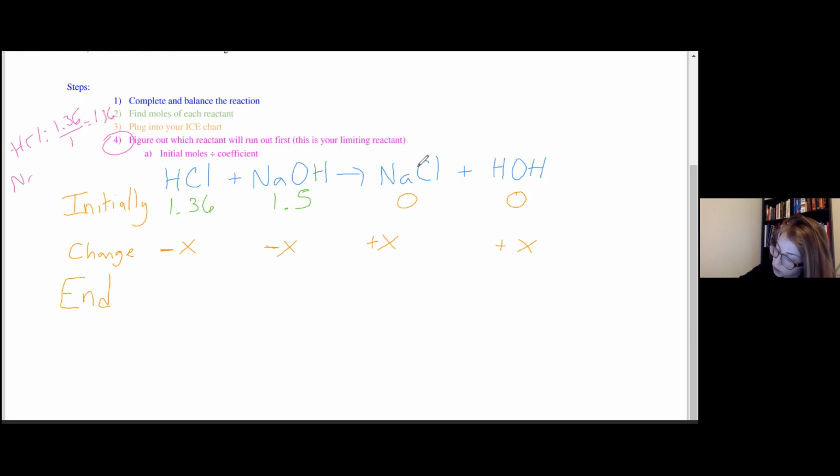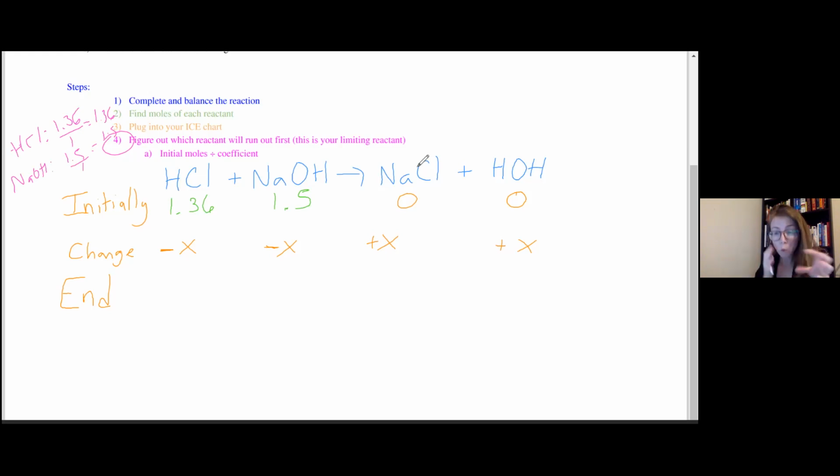For NaOH, we have 1.5 moles, and in the balanced reaction, it has a coefficient of 1, so that's 1.5. Most of the time they're not both 1, so the numbers might actually change. When we take the moles we have and divide by the coefficients, that takes into account not only how much we have, but how quickly we're using it up.